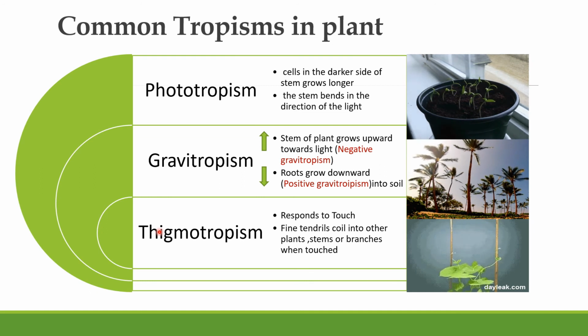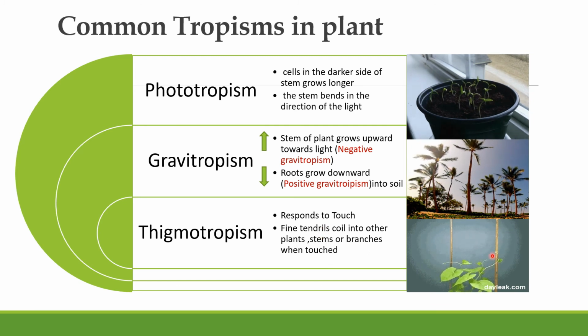Right. Next one is thigmotropism. Sounds new. So the thigmotropism is when some plants respond to touch. Like the fine tendrils coil into the other plant stem or branches when touched. What are the tendrils?